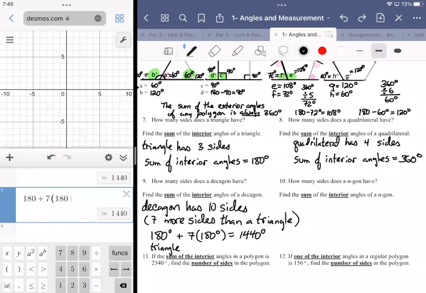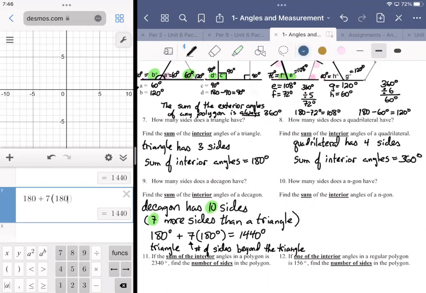So we're starting off with a triangle, counting the number of sides beyond the triangle. Meaning if I have a quadrilateral, that's one more side than a triangle. If I have a pentagon, I have 2 more sides than a triangle, right? So if I had a decagon, I have 7 more sides than a triangle. The relationship here is whatever number of sides I have, subtract 3, and that gives me the number of additional sides that I would need.